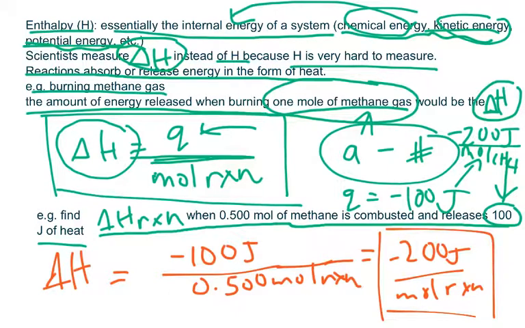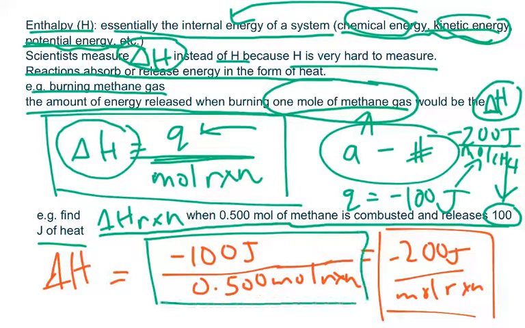So you might be wondering, well, what does this have to do with anything? Well, the thing I just did, where I just doubled it, could be done very easily by just dividing the heat released by the number of moles of reaction, or in this case, the moles of methane burned. And in the end, negative 100 divided by 0.5 is negative 200. So I just proved that this equation works.